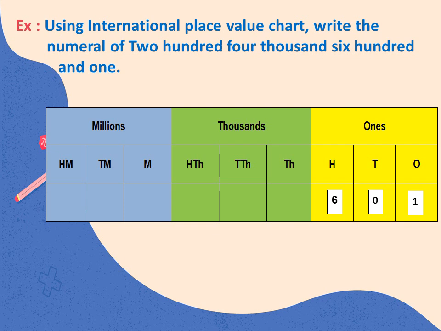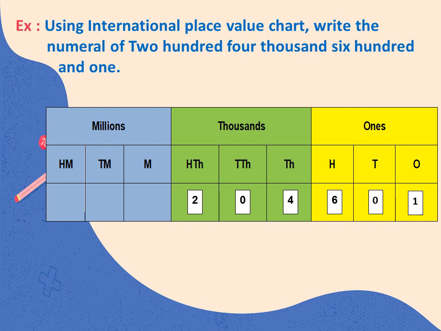First let's check what comes in the thousands place. 204,000 means in the thousands place 4 will come, and in the 10,000s place, as I told, they did not mention anything, so we enter 0, and in the 100,000s place we enter 2. So 204 comes in the thousands period, and 601 comes in the ones period.